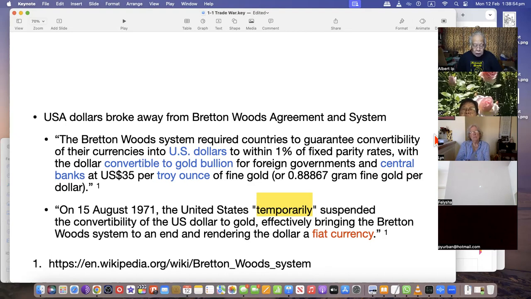It is not directly convertible through US government systems to other valuable goods. Of course, we can use US dollars to buy whatever we want, but from the government's point of view, the US government is no longer required to convert US dollars into any valuable assets. So that's called fiat currency.